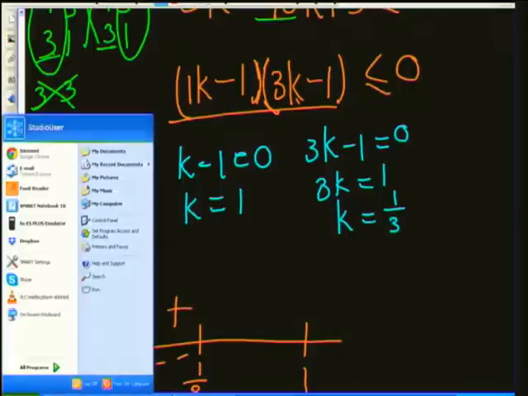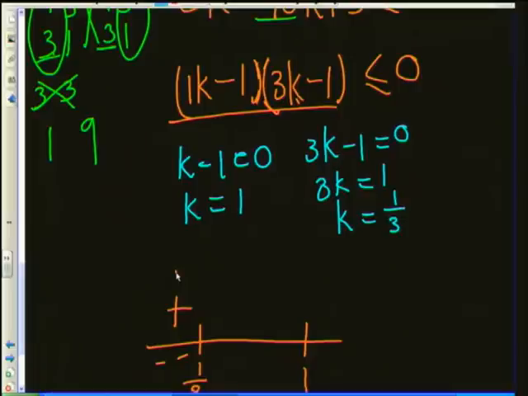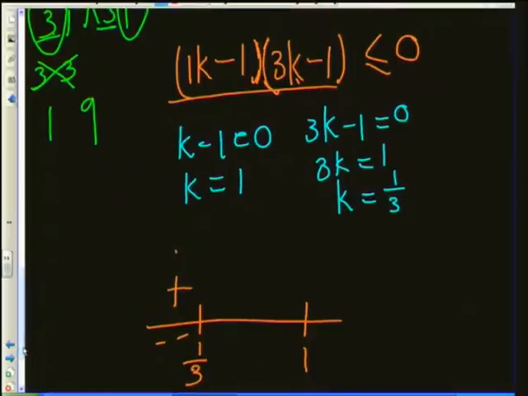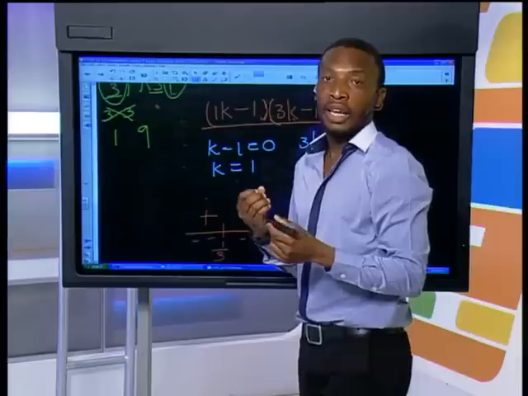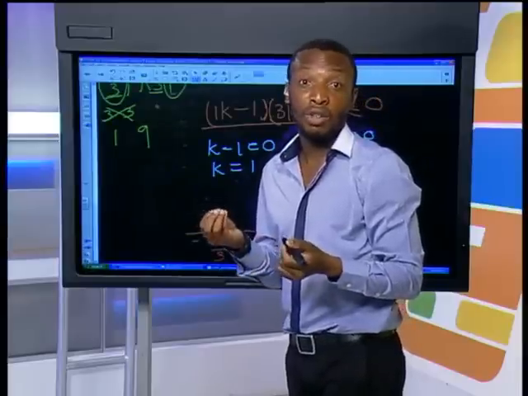Okay, let's find a value now, any value between a third and 1. We can try half. Okay, if I put a half in there, it's going to be a half minus 1, which is going to be minus a half, which is a negative. And if I put a half in there, it's going to be 3 times a half, okay, which is going to be 1 and a half, 3 over 2.